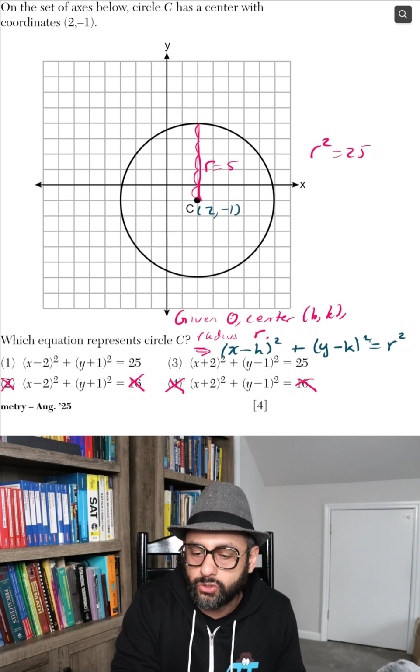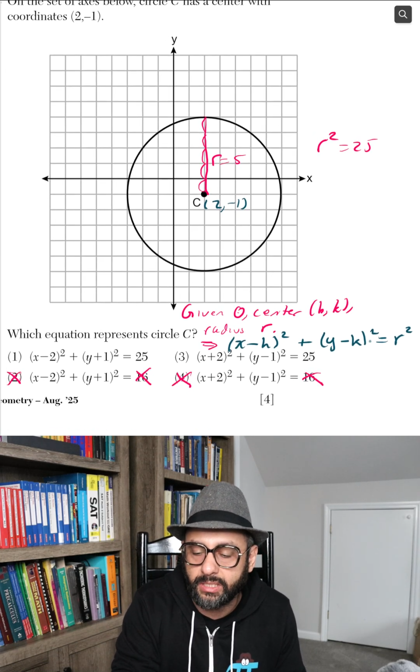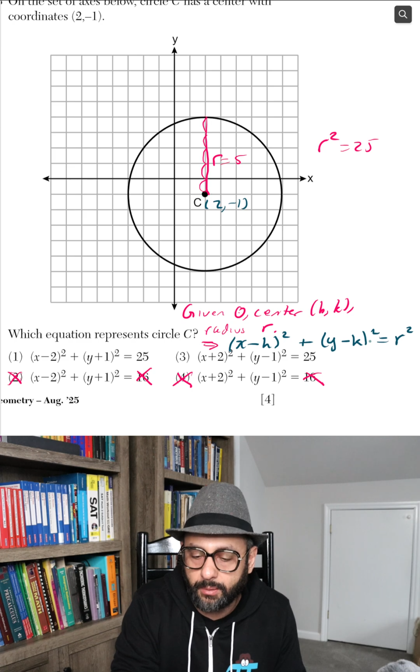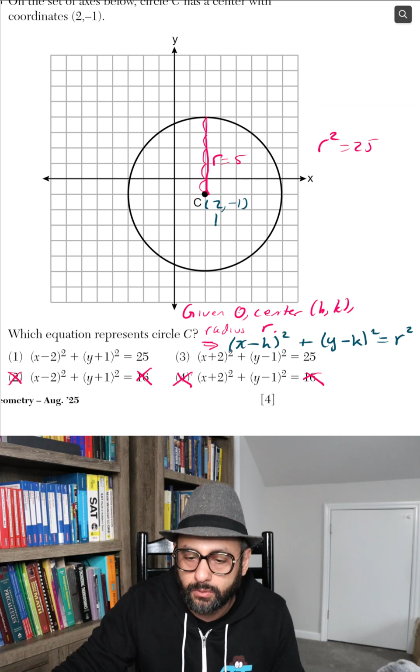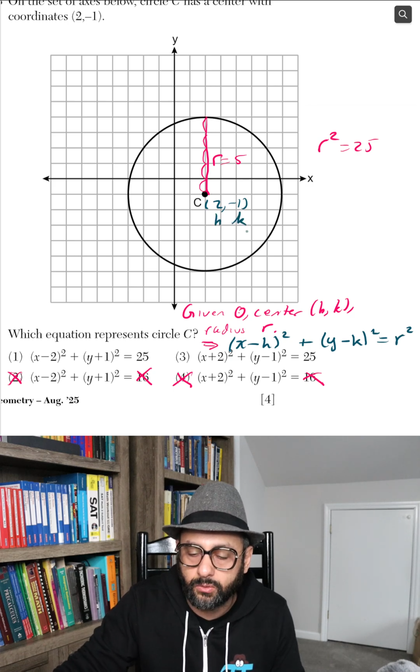Okay, so notice that h and k are being subtracted from x and y. So h is equal to 2 and k is equal to -1.